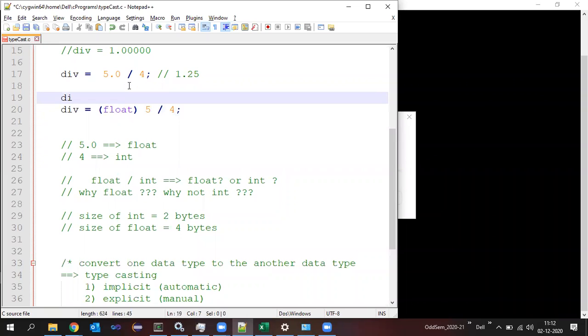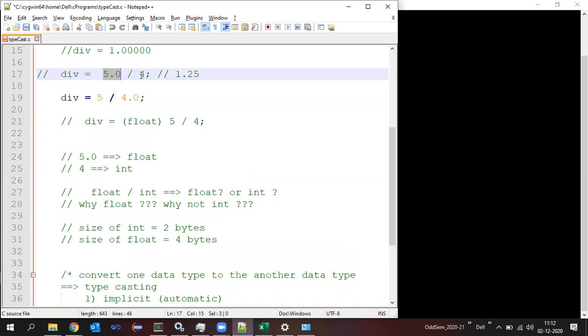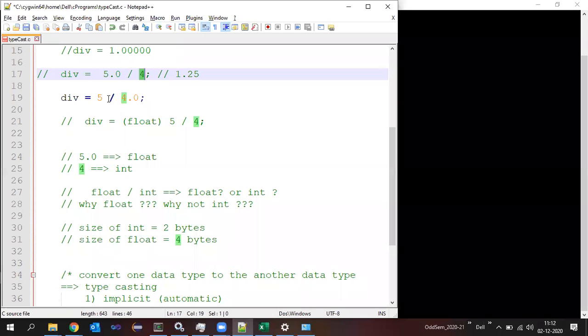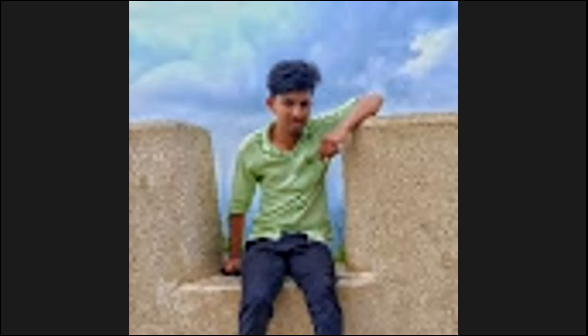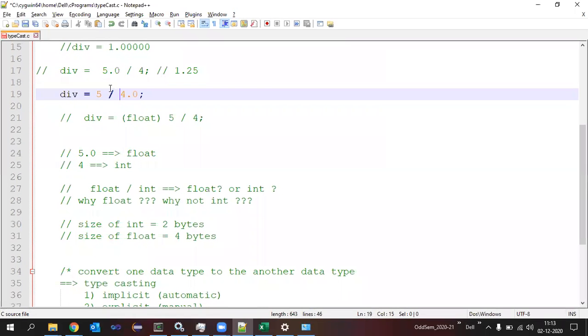In the previous time, the numerator was 5.0 and the denominator we kept as an integer. This time we are reversing it. The numerator we kept as an integer value, and the denominator we made a fractional value, that is a float value.